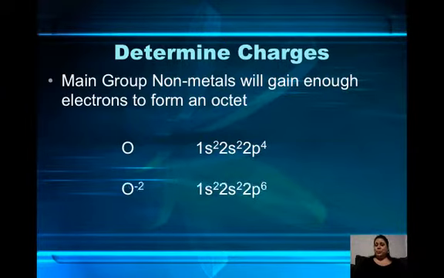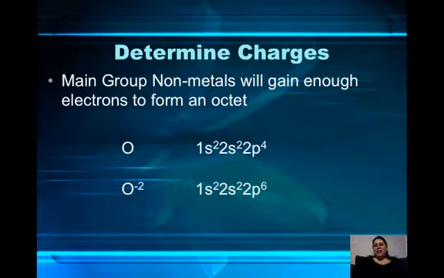You're right, 2. So it takes on a -2 charge because electrons are negative, and we just added 2 additional electrons to the p orbital. Now there are 2 more electrons in the electron cloud than protons in the nucleus.